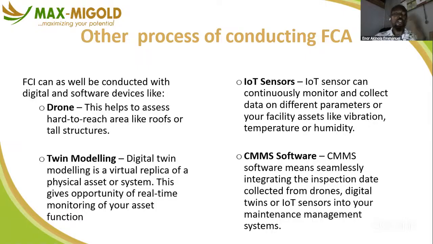So your twin modeling, your CMMS, your IoT sensor, and your drone, they are all classified under the computer-aided facility management system, because all these things we mentioned are completely computerized.